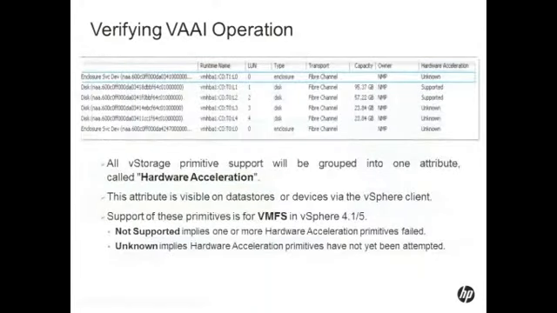All right. The next step is, once you've loaded your plugin, you know the claim rules are loaded and you know that your device has been claimed, you want to make sure that the device you've presented to this ESX server actually shows up in vCenter and also through the CLI as saying that VAAI is supported. In vCenter, there is a hardware acceleration tab that was added as of vCenter 4.1, sorry.